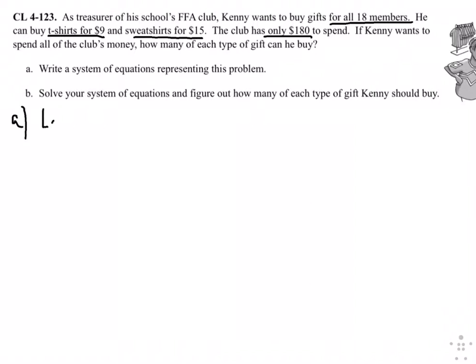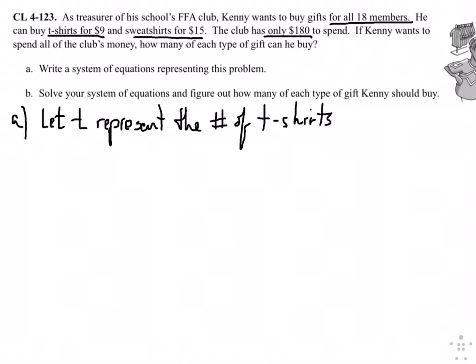So first, let T represent the number of t-shirts, and let S, right, represent the number of sweatshirts.